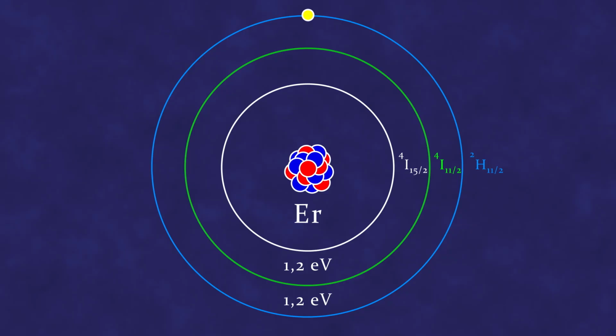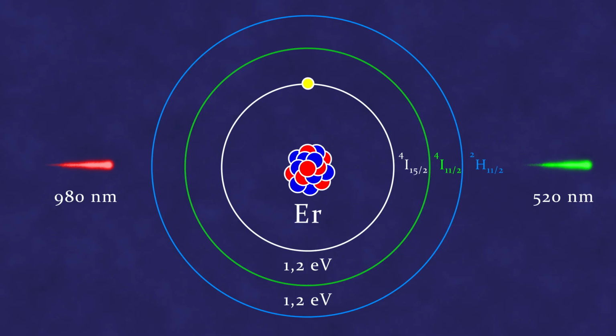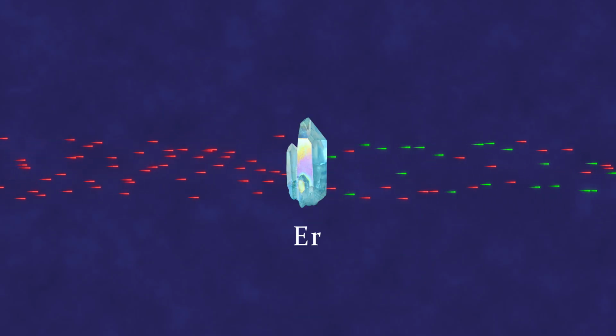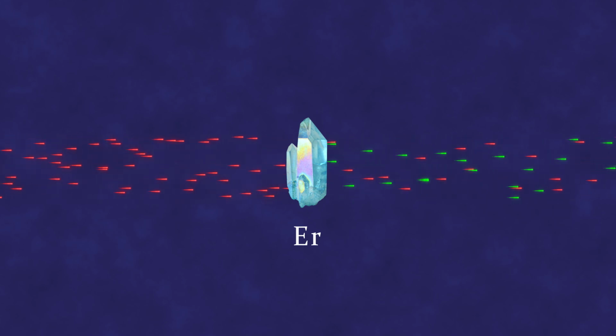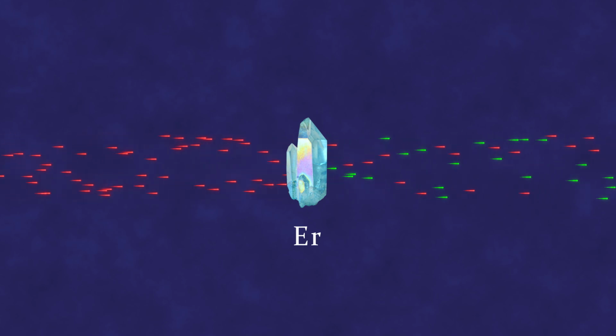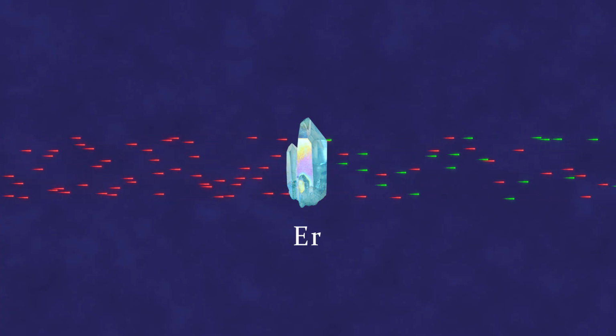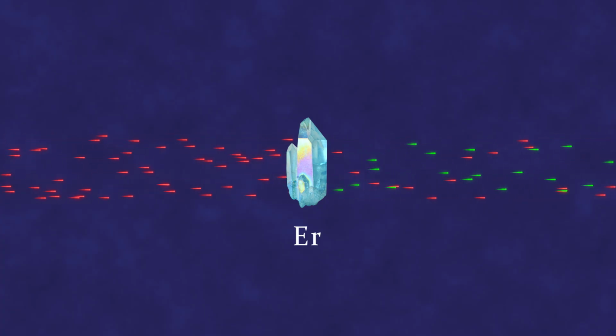Both of these transitions are excited by infrared photons with a wavelength of 980 nanometers, while the transition from the level 2H11/2 to the ground state results in the release of a photon with energy of 2.4 electron volts, which corresponds to a wavelength of 500 nanometers, the wavelength of visible green light. And it would seem everything is simple. We place something saturated with erbium atoms in the path of the infrared radiation stream and enjoy successful upconversion.